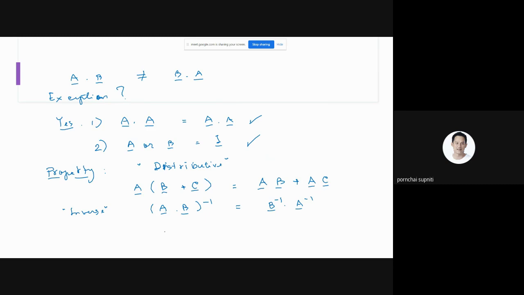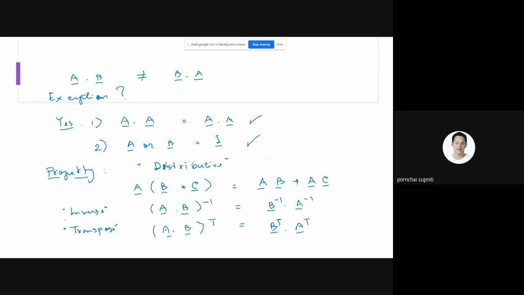Similarly, we can take the transpose of a multiplication of matrices. Let's say A multiplied with B, and then we transpose. Then we get B transpose multiplied with A transpose.